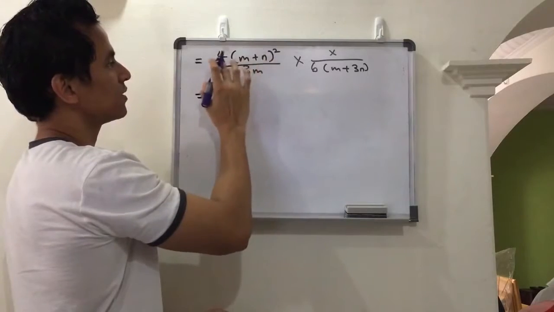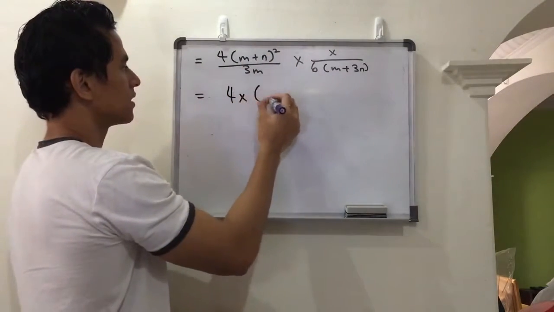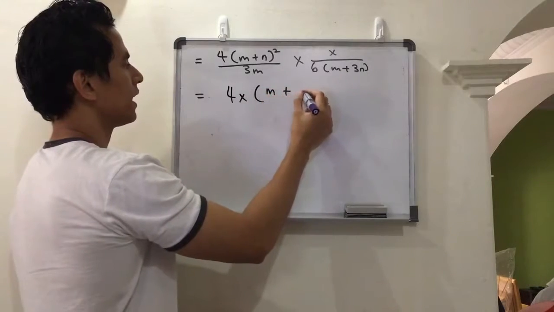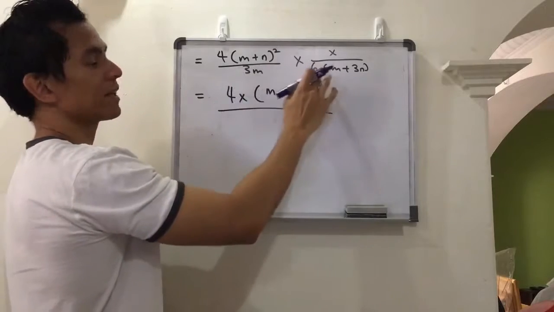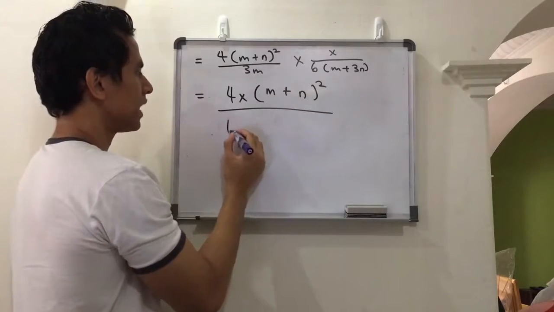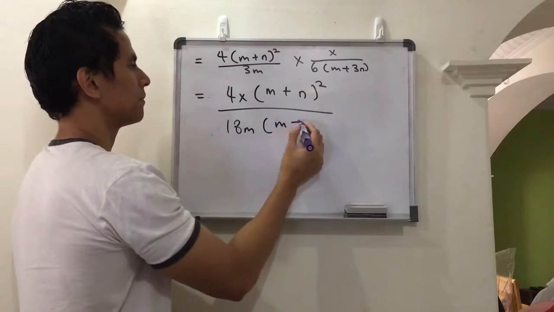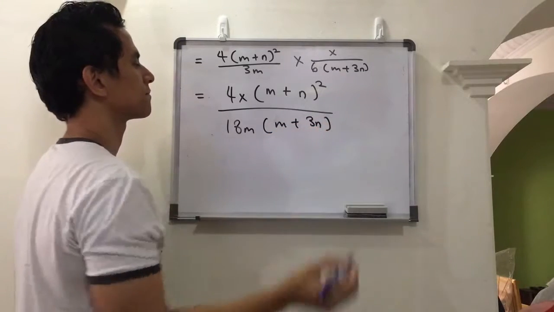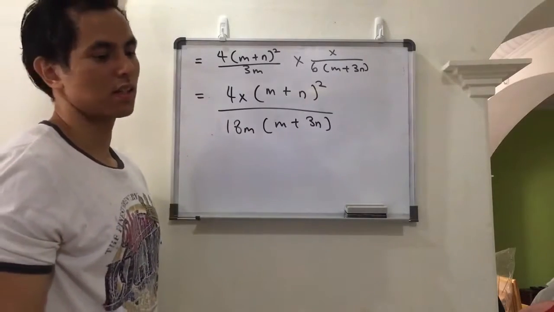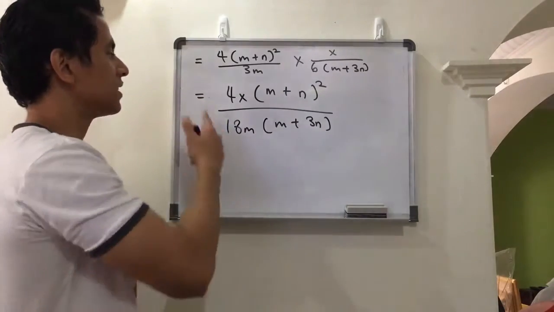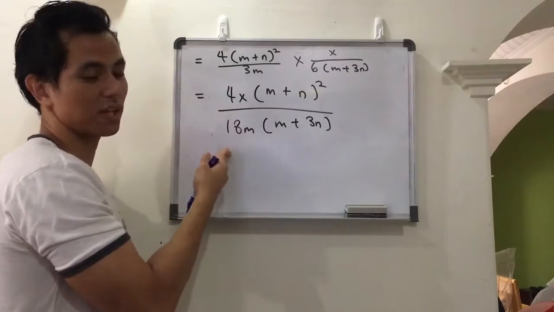So the numerator will be this times x, so it just gives us 4x(m plus n) squared, and the denominator will just give us 3m times 6, giving us 18m, and then (m plus 3n). Alright, so yes, we have simplified actually, and although it still looks difficult, this is as much as we can simplify.